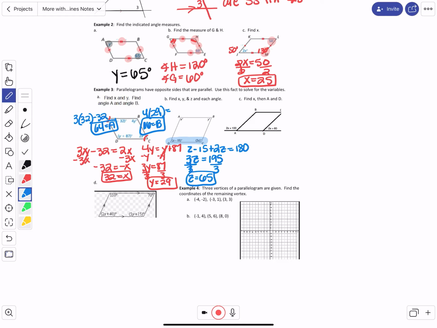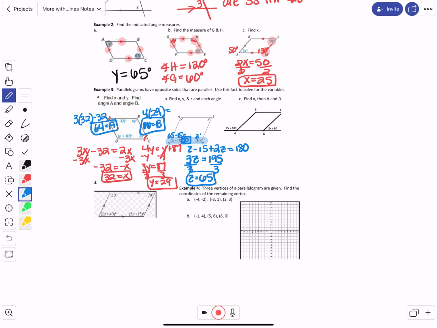And I can go ahead and find my angle here. So I can do 65 minus 15 to get angle D. So 65 minus 15 is going to be 50. So this angle here is going to be 50 degrees. And I can do 2 times 65 right here.